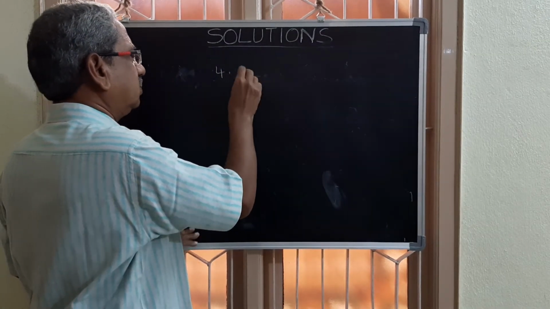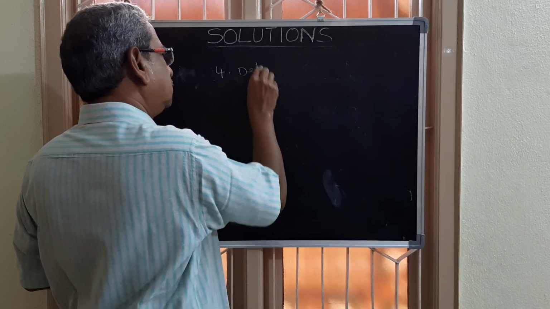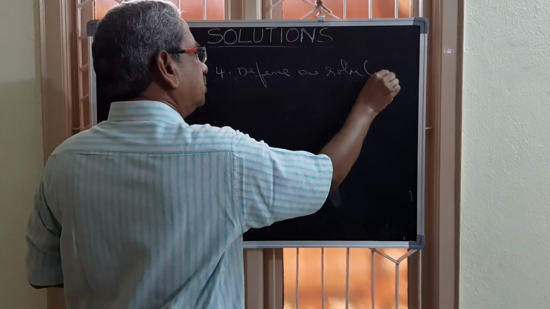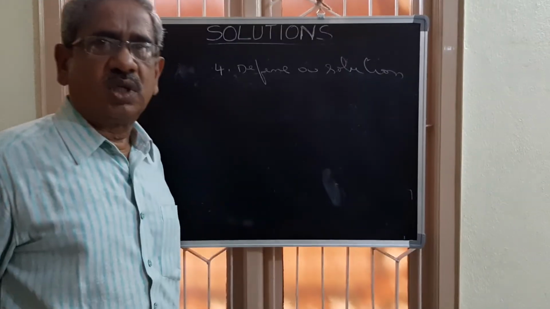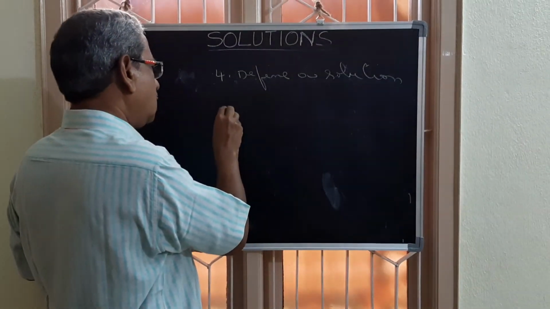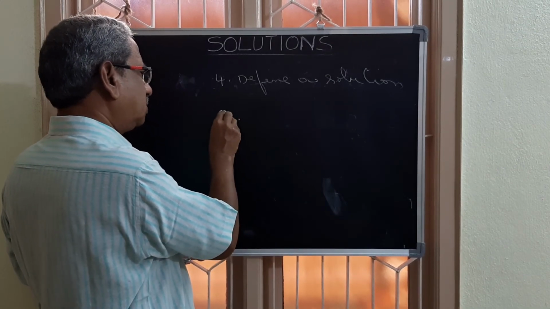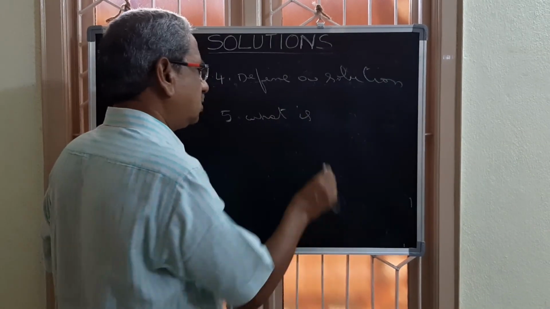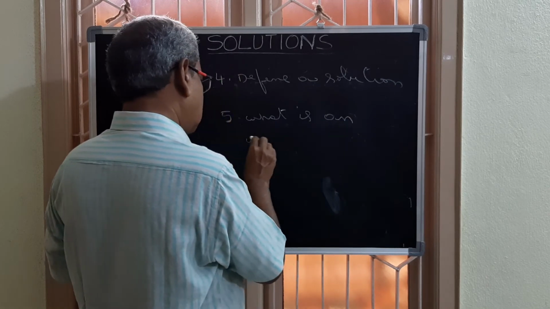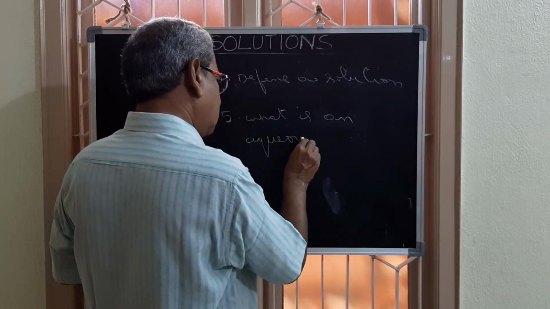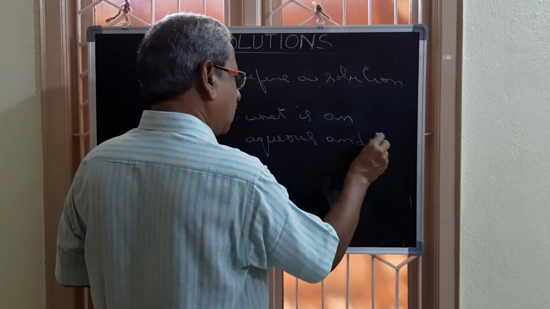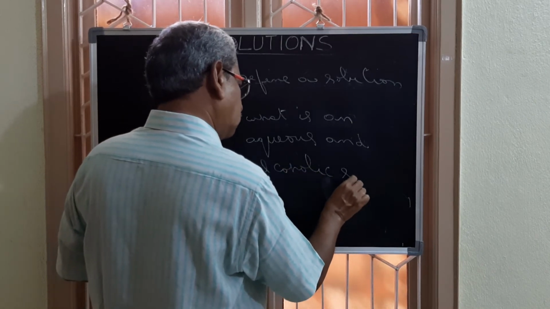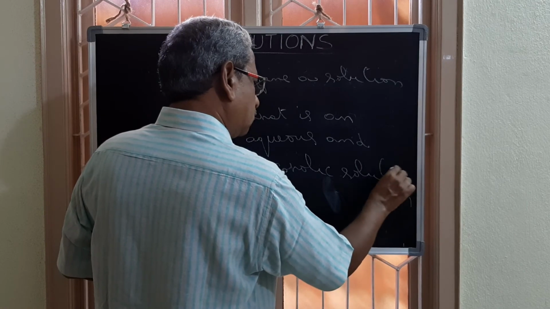The fourth point is define a solution, and the fifth one is what is an aqueous and alcoholic solution.